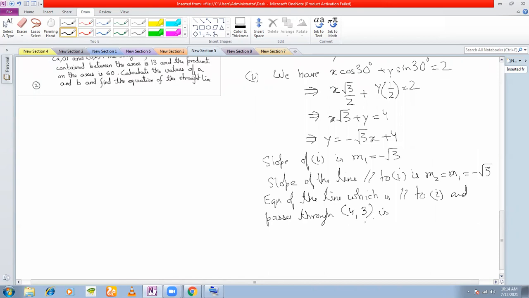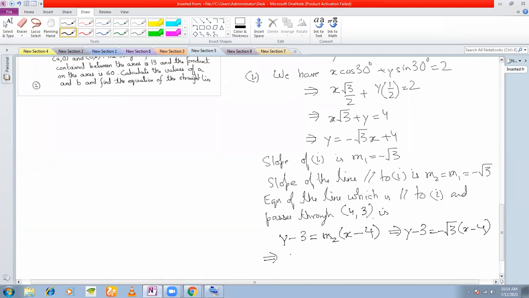Use the point slope form, y minus y1 is equal to m2 (x minus x1). That means y minus 3, m2 here is minus root 3, (x minus 4).